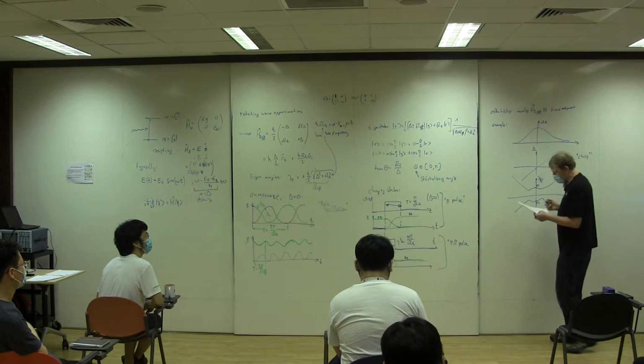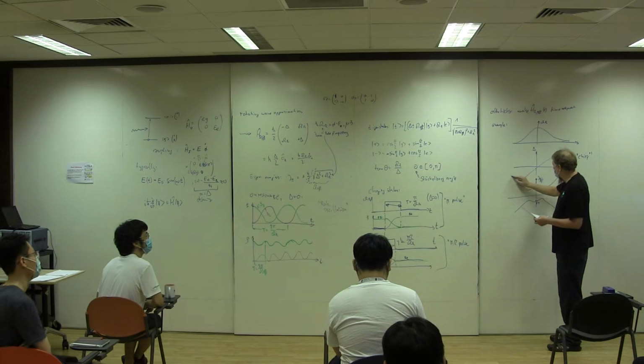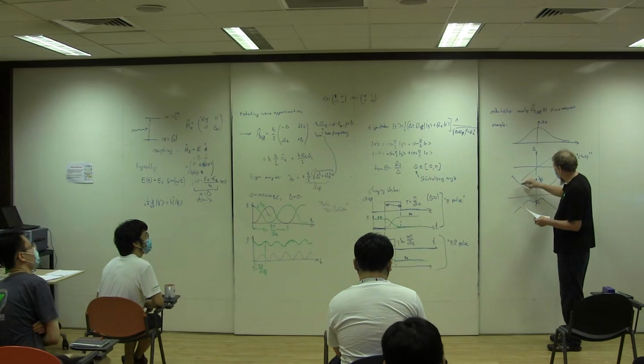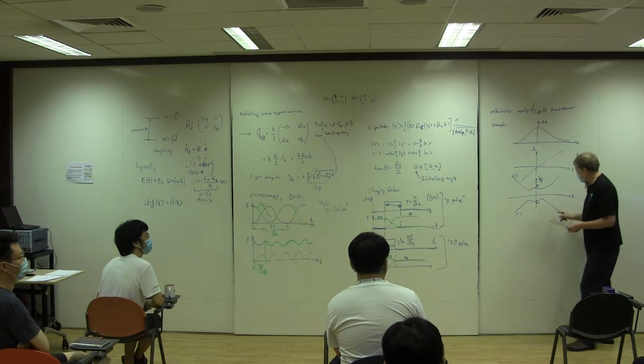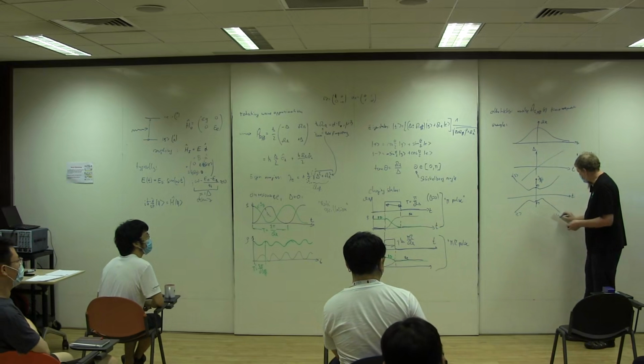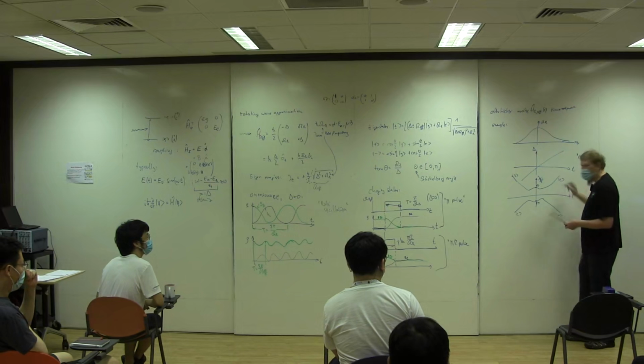But to make the long story short, these states here asymptotically would correspond to, say, a ground state here and an excited state here, and for the other detuning, you would have a ground state here and an excited state here.